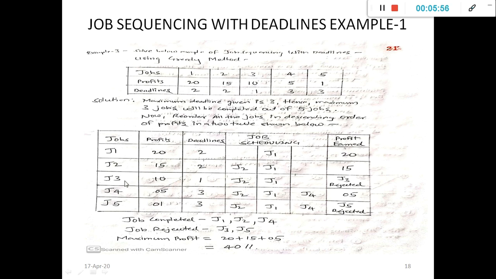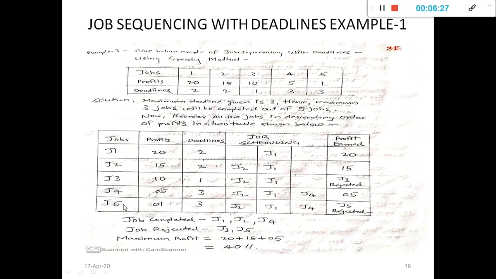Then next choose job J3. The deadline for job J3 is 1, but there is no slot available for job J3. That's why job J3 is rejected. Next, similarly choose job J4. Its deadline is 3 and the third slot is available. So put job J4 into slot 3, and when you finish the completion of job J4, the profit earned is 5.